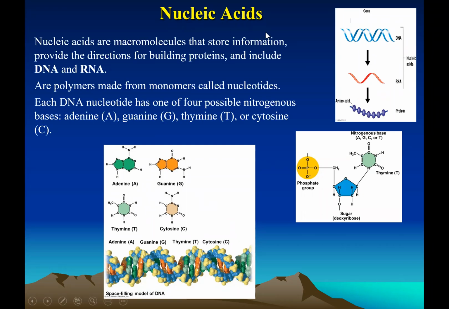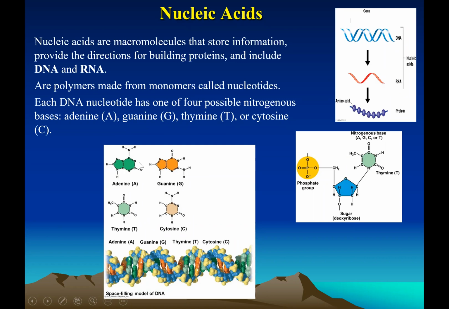So for nucleic acid, the monomer is called nucleotides, and they make both DNA and RNA. One of the differences: the sugar in DNA is deoxyribose sugar, whereas in RNA it is ribose sugar. DNA is double-stranded, RNA is single-stranded. And the 4 bases are adenine, guanine, thymine, and cytosine.